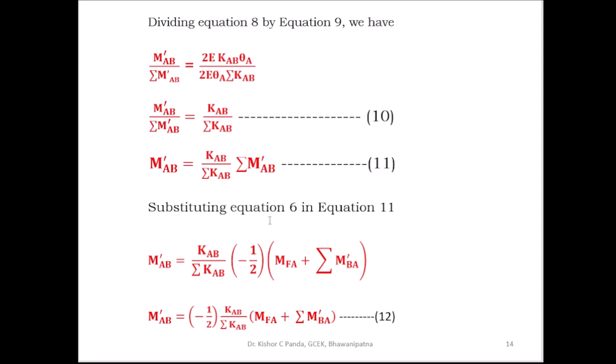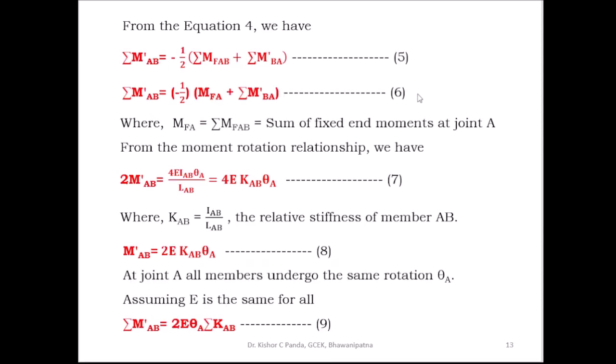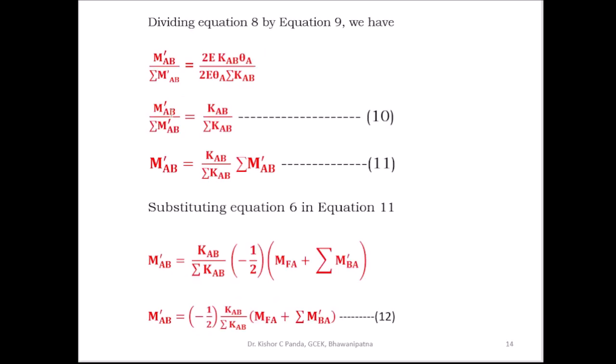Then substituting equation 6 in equation 11. As you know, in expression 6, summation of m dash AB is equal to minus half into MFA plus summation of m dash BA. So put the summation of m dash AB value in expression 11.